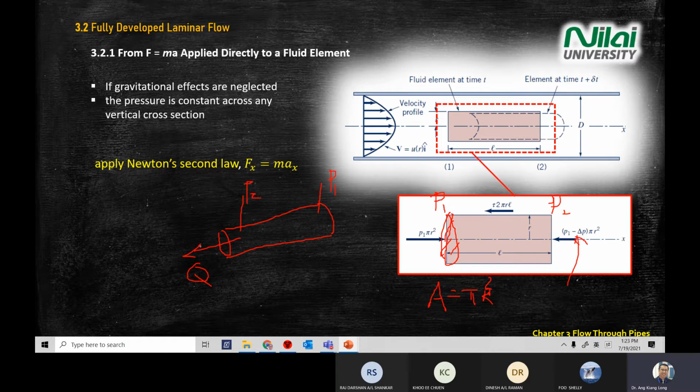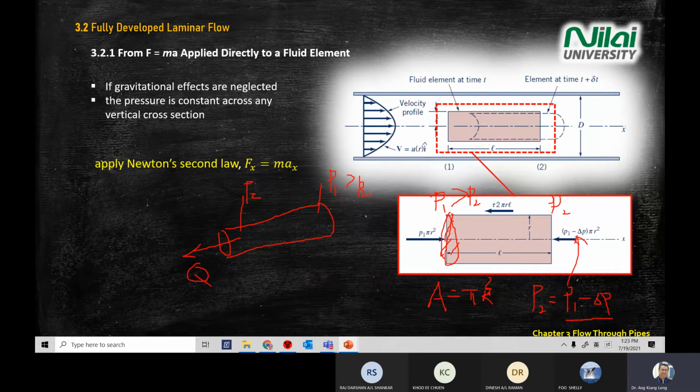To make the flow go from point 1 to point 2, pressure 1 must be more than P2. It must be high pressure at this point. Looking at this diagram and the velocity profile, the direction is from left to right, so it means that P1 is more than P2. To define P2 in terms of P1, we write P2 equal P1 minus delta P.